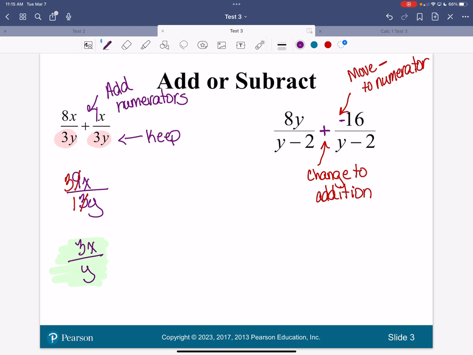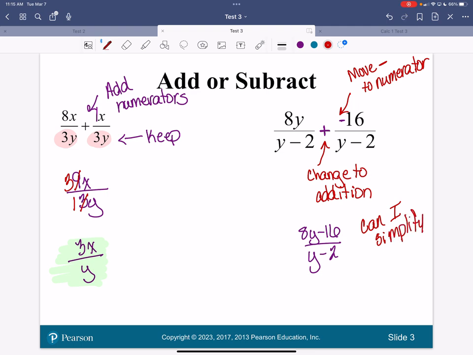So now I've got a denominator that's the same. So I have y minus 2. And then in my numerator, I have 8y minus 16. When I get here, you always ask yourself, can I simplify further? And I can.